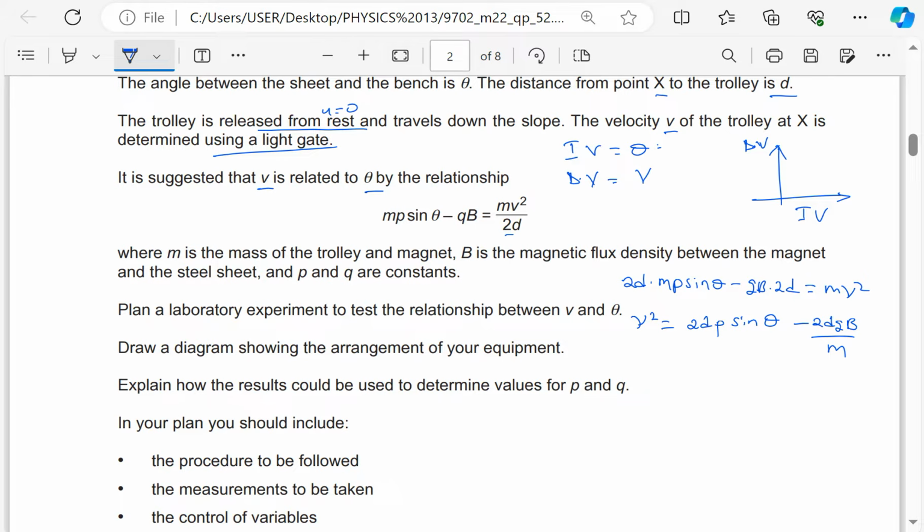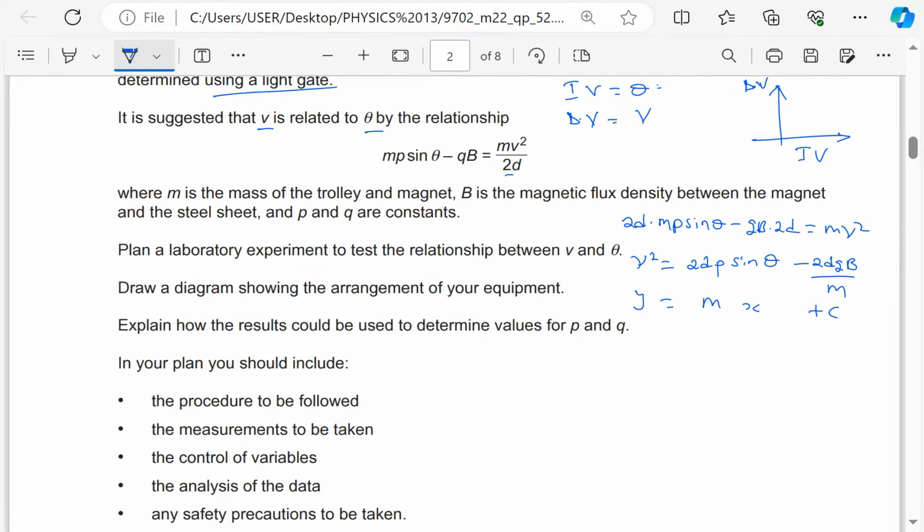So I make anything related to the dependent variable the subject so that it's easier for me to carry out this investigation. If I compare this with y equals mx plus c, I know that on the y-axis I plot v squared, and on the x-axis I plot sine theta because theta is the independent variable.